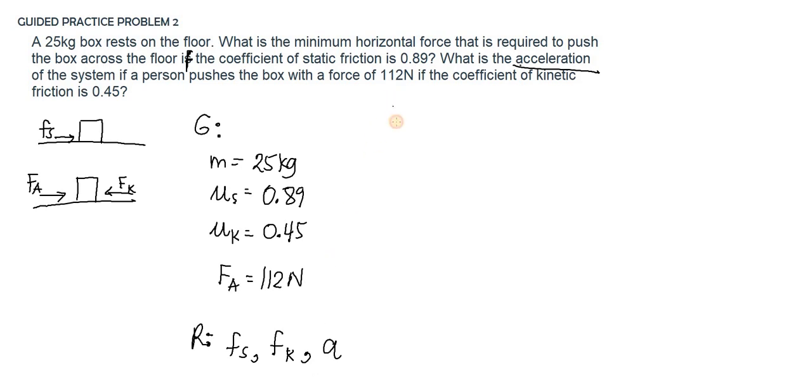So let's have the equations. F sub S is equal to mu S times Fn. F sub K is equal to mu sub K times Fn, the normal force.